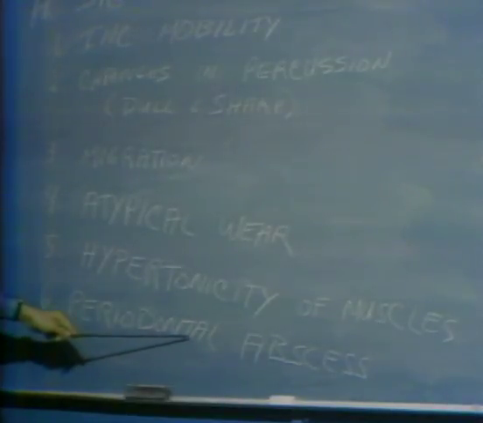And number 6, another classic sign of traumatic occlusion is periodontal abscesses. Now, particularly the type of periodontal condition which can be aggravated by traumatic occlusion are your infrabony pockets, your 2- and 3-wall infrabony pockets, and bifurcation and trifurcation involvements.